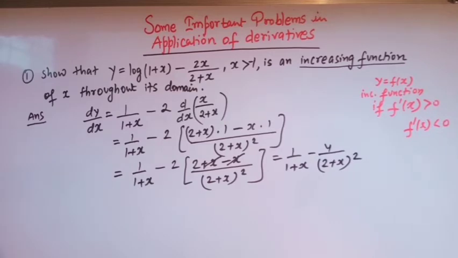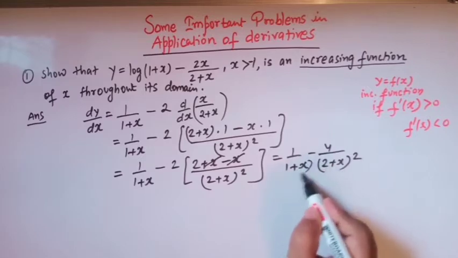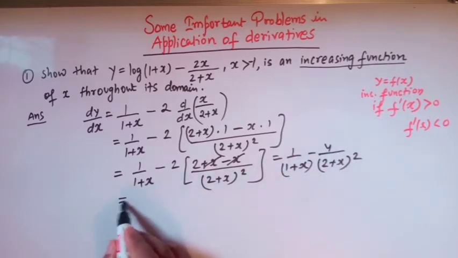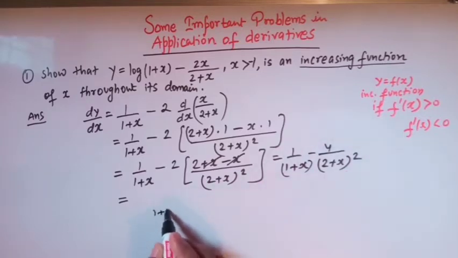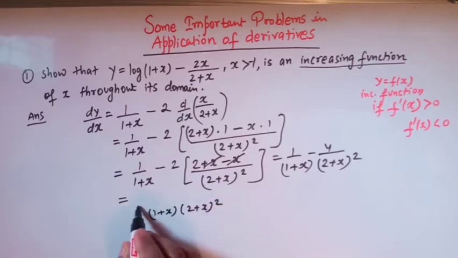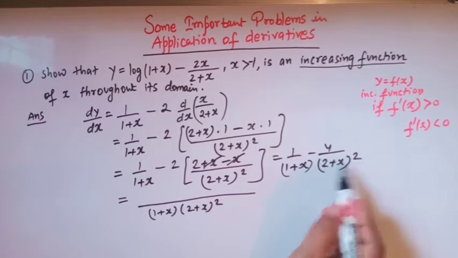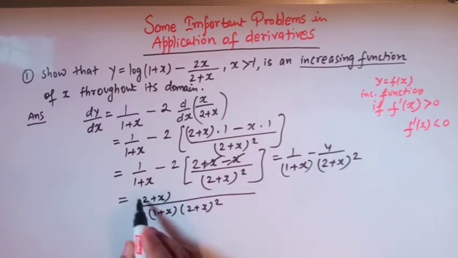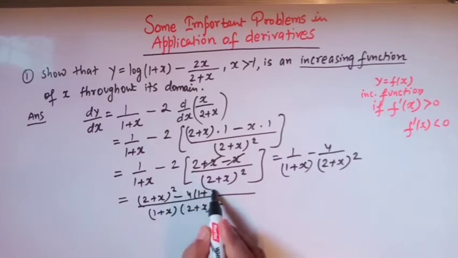Okay, so here now we'll take the LCM of these two terms. So we have (1 + x) and (2 + x) square, and then we'll have (2 + x) square here, and then we have 4 times (1 + x).